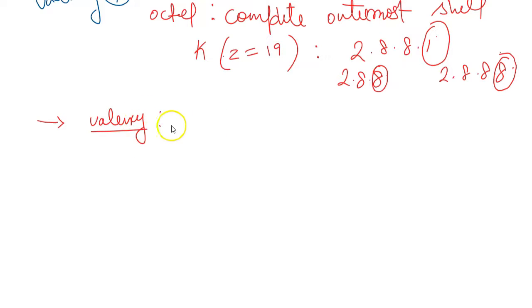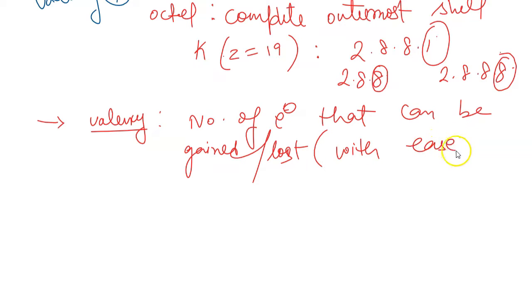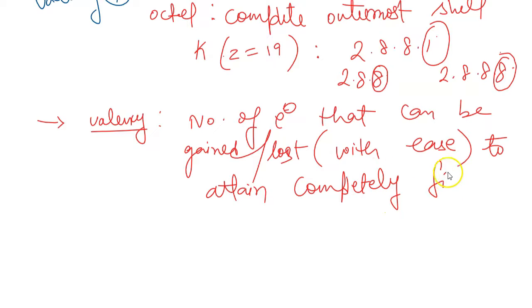This is the number of electrons that can be gained or lost with ease to attain completely filled outermost shell.